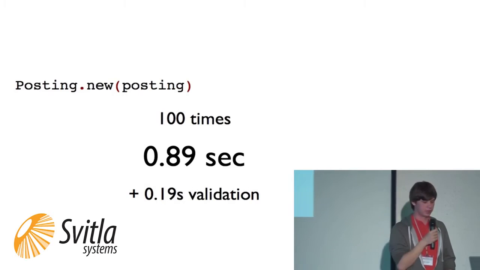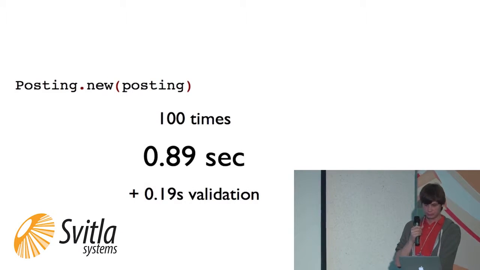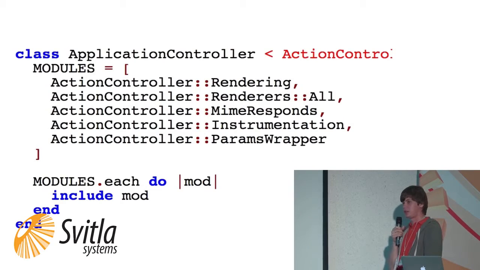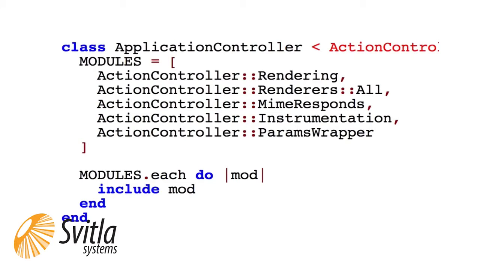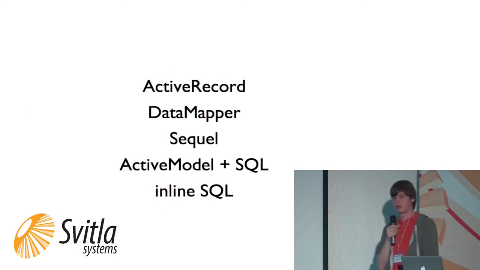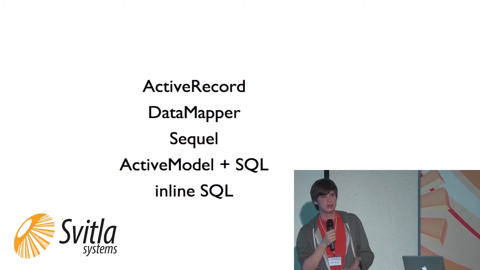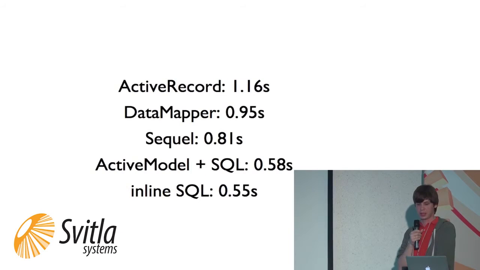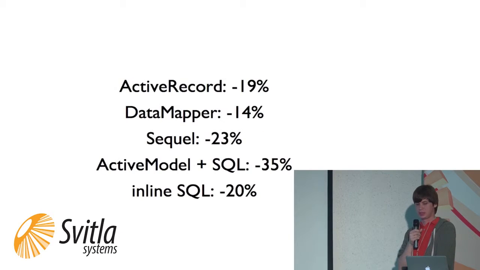But what else can we optimize in Rails? The controller. This is what we left in the ActionControllerMetal, what is needed to process JSON and put it into the database. So these are the 5 modules that we needed, and this is the list of modules that we just dropped off, okay? You can see the difference. Actually, ActionControllerMetal didn't give us much of a boost, but still it was like 20% on each one.